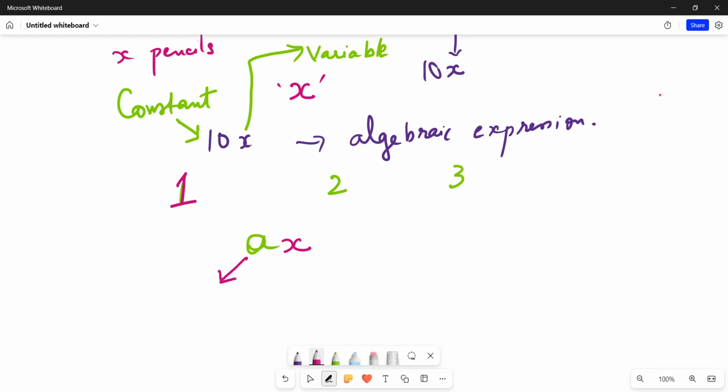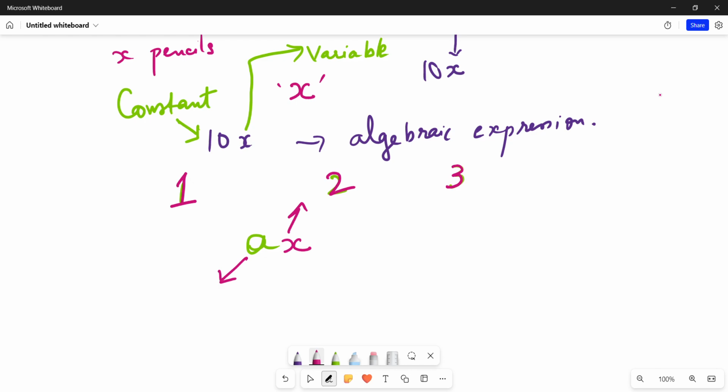The value of a constant does not change in a given problem, but the value of the variable keeps changing, right? Here A is constant for shop 1. It's a different constant for shop 2 and a different constant for shop 3. So there is a difference between the constant and the variable.